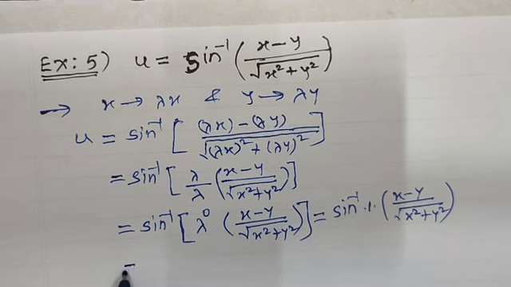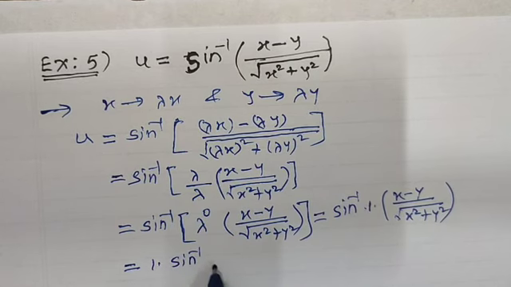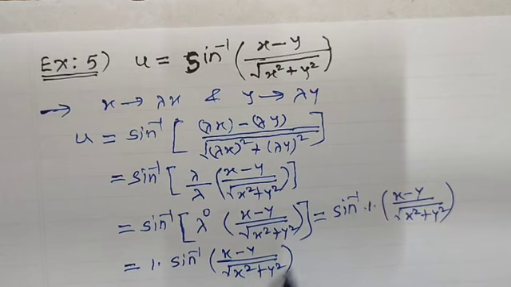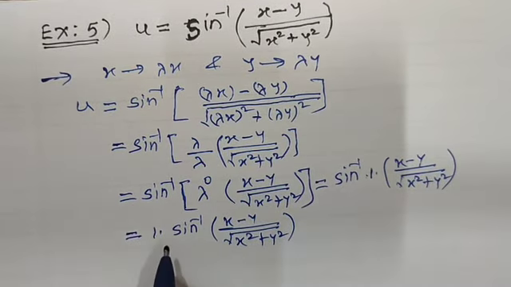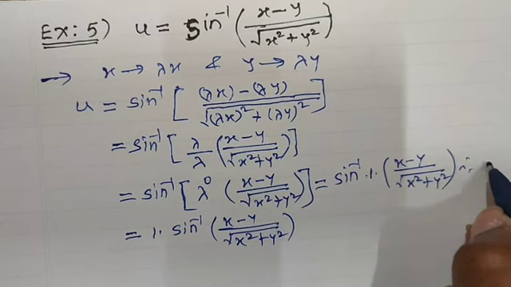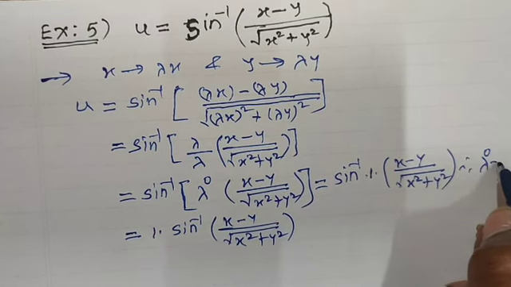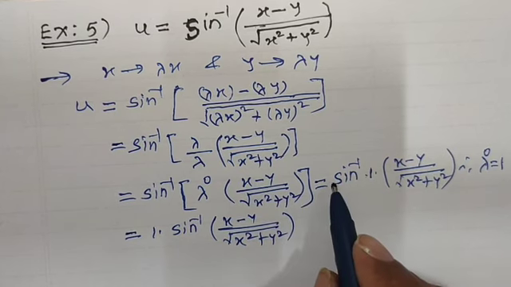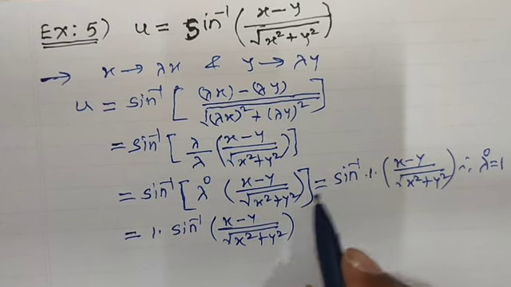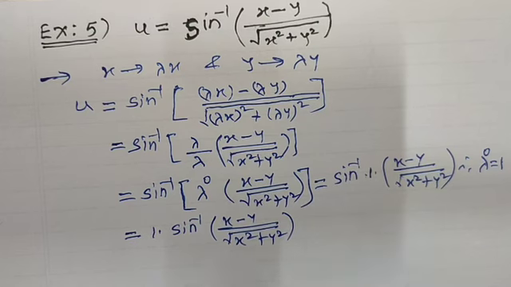Because if we multiply a given function by 1, that function remains as it is. So this can be written as 1 into sine inverse of (x minus y) upon square root of x square plus y square. And 1 is nothing but lambda to the power 0. You can take it here or here, it doesn't matter, the given function remains as it is.